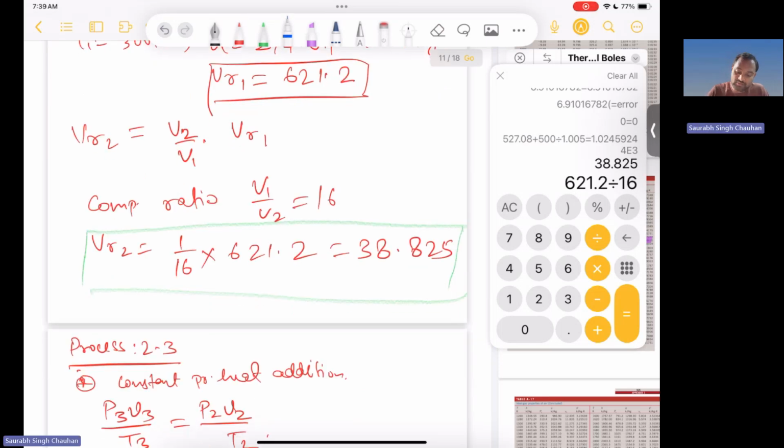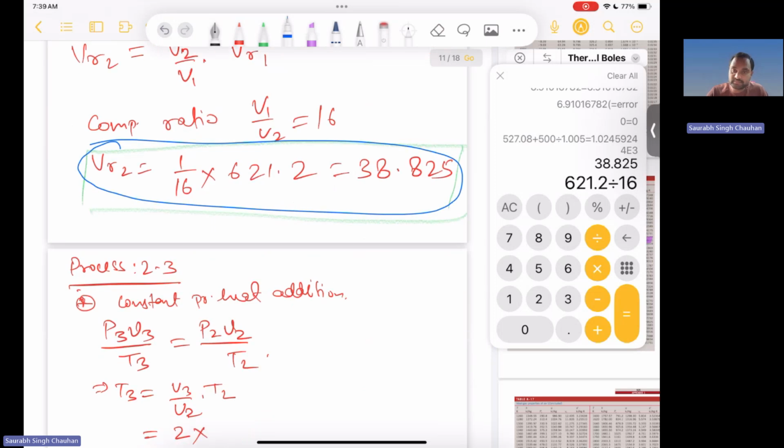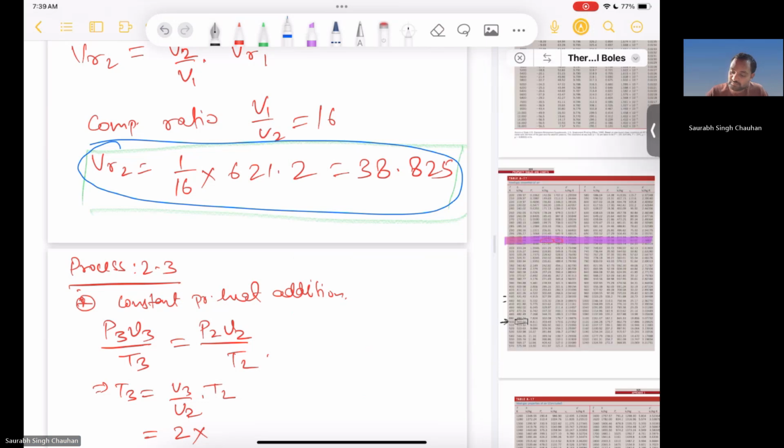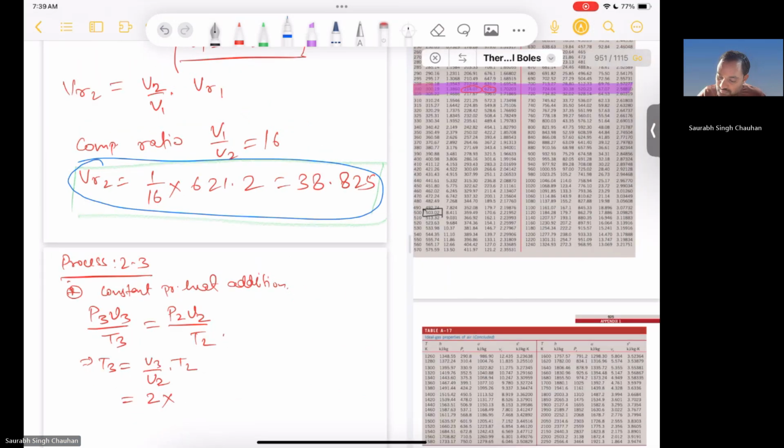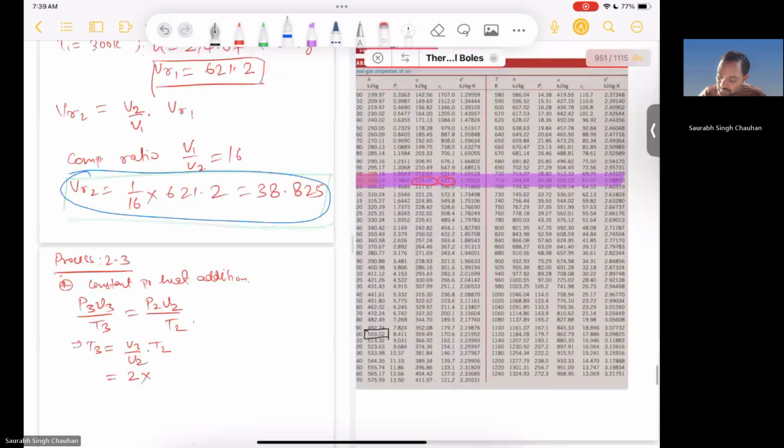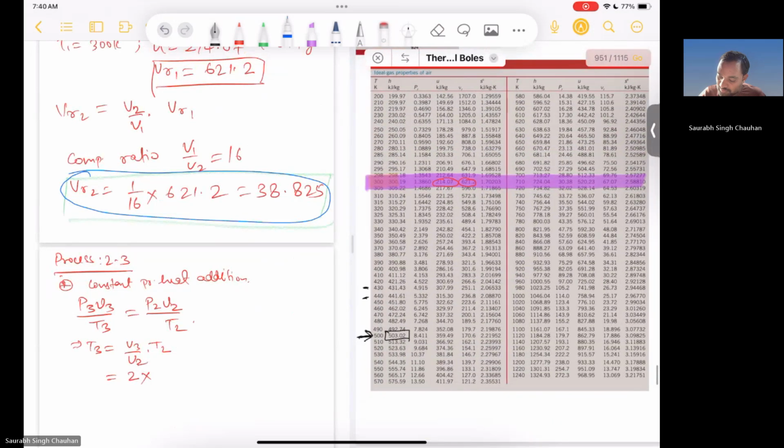We have found out VR2. From VR2, we need to find out T2. So let us find that value first. From here, you can write T2 is equal to 862.4 Kelvin, using the VR2. I'm writing directly. You can check the calculations.